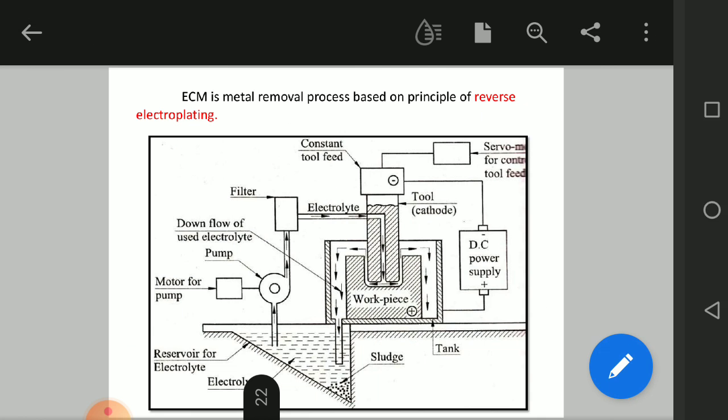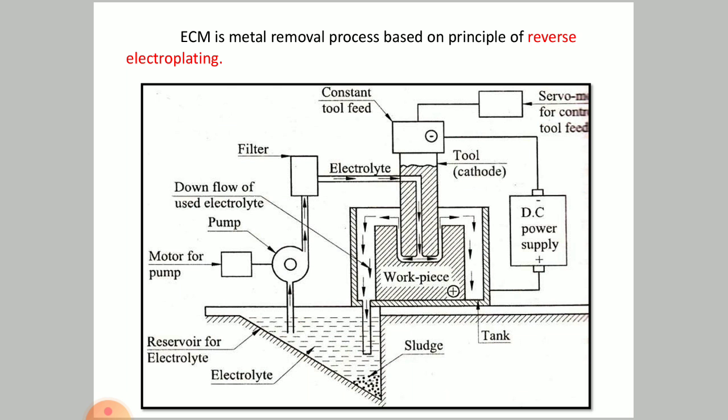As you can see on your screen, the electrochemical machining process is based on Faraday's law of electrolysis. On your screen you can observe a generalized setup of the electrochemical machining process. It is shortly abbreviated as ECM. This process is the reverse of electroplating.